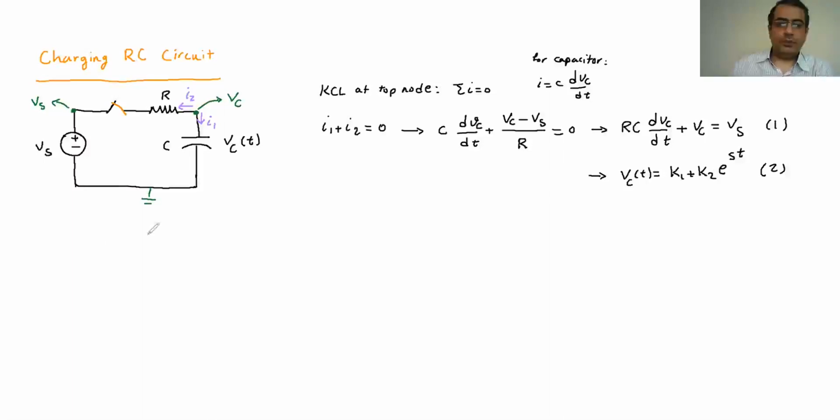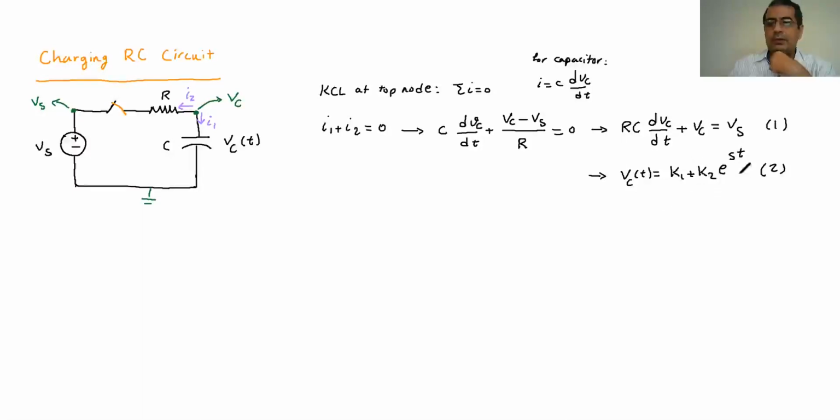To find this solution, we have to find K1, K2, and S. The very first step is that we know equation 2 is the solution to equation 1. So if I substitute equation 2 in equation 1, it should satisfy equation 1, because this is the solution.